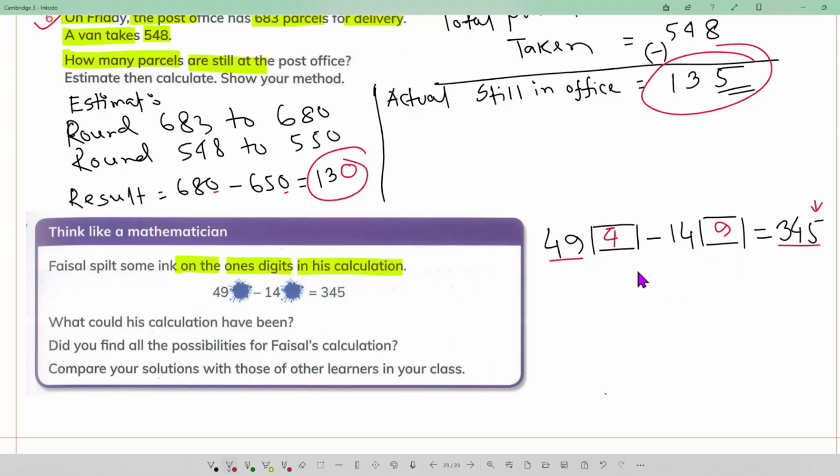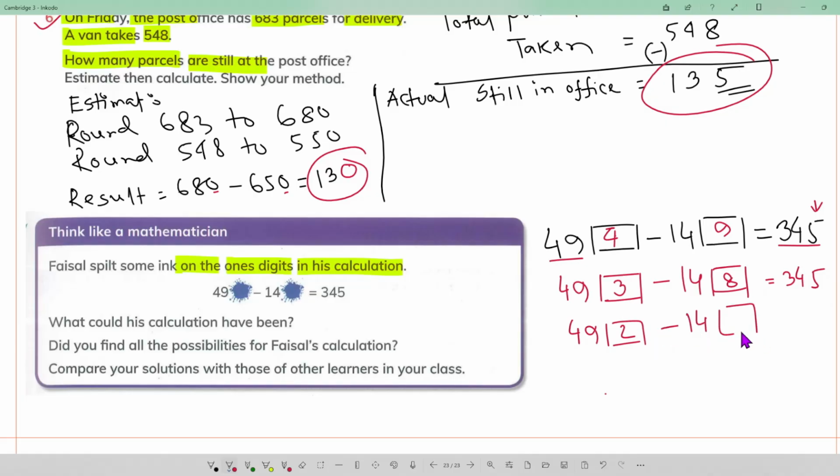So let's think of some other possible answers like 4 9, and here we can put 3. If we put 3, it's a smart thing, here is 9, we can put 8, so the result will be similar. Same with 4 9 2, we can put here 1 4 7, similar 3 4 5.